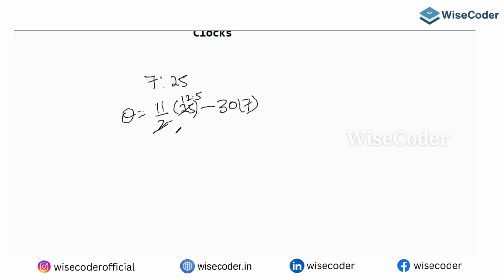So if you calculate that, 11 into 12.5 minus 7 threes are 21, 210.